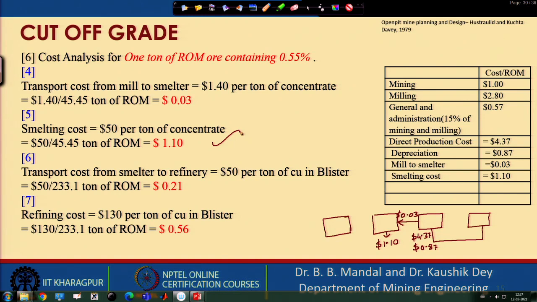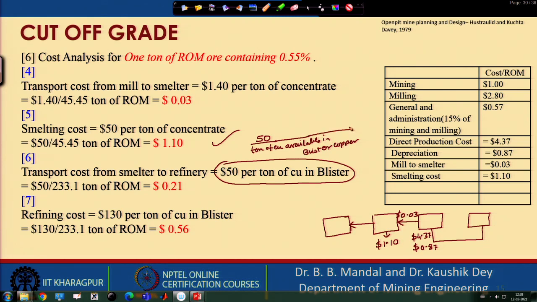Now, the next part is that we have to send the material from the smelter to the refinery, and for sending this material from the smelter to the refinery, the assumed cost is $50 per short ton of copper available in blister copper, that is the output of the smelter.